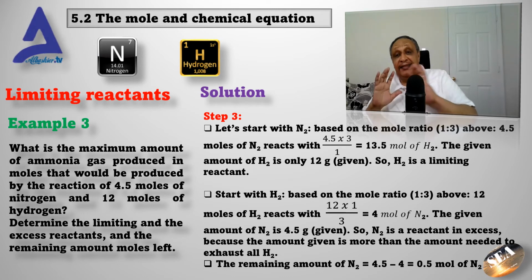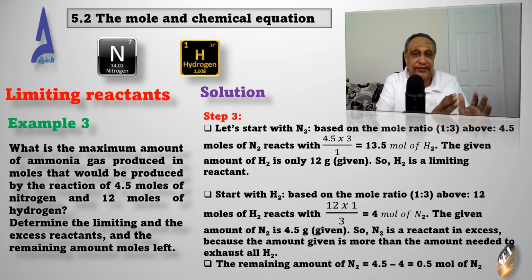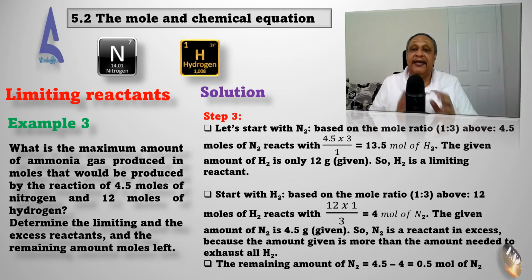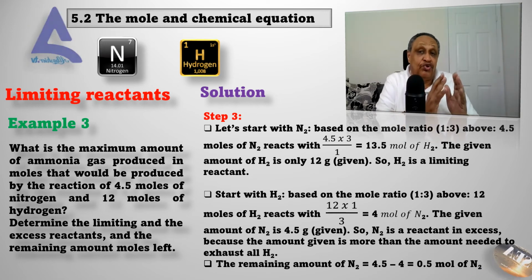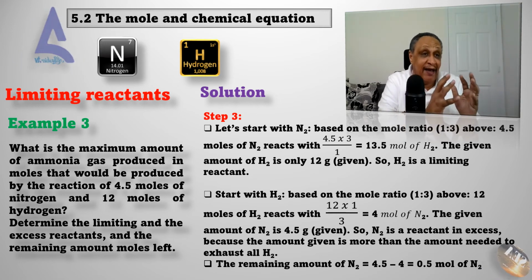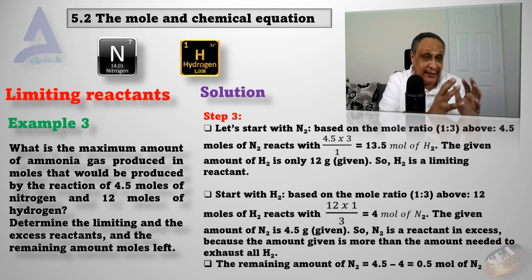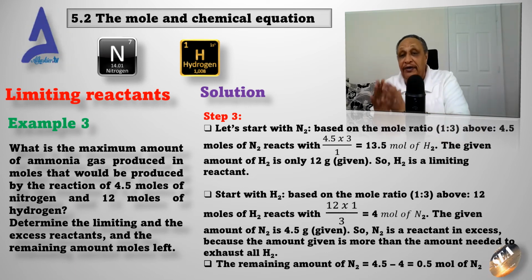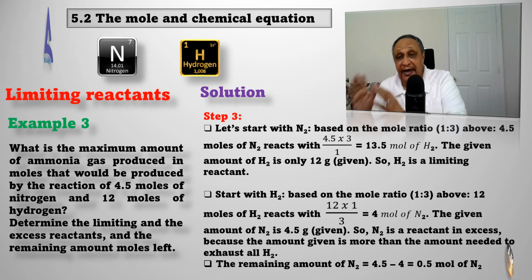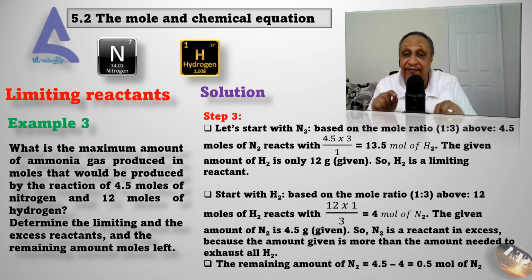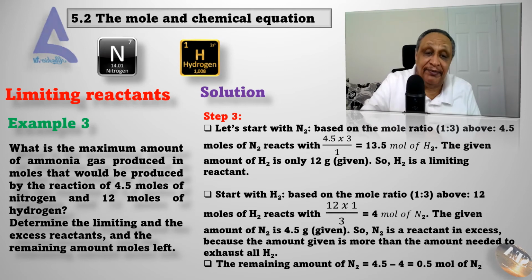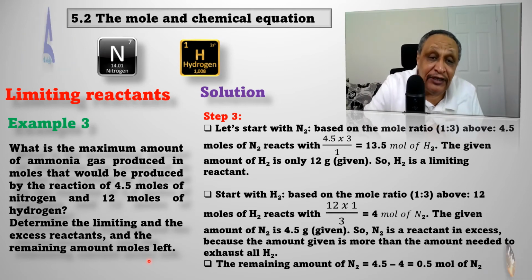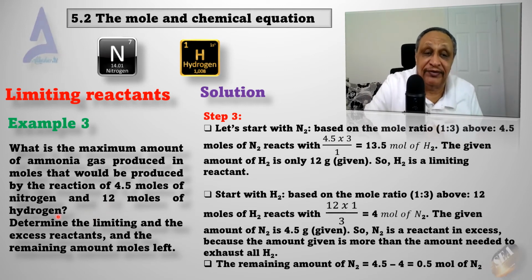Now, this is the first result by using nitrogen. In order to have the 4.5 moles of nitrogen completely reacted, it needs 13.5 moles of hydrogen. However, in the same problem, I just have 12 moles of hydrogen.